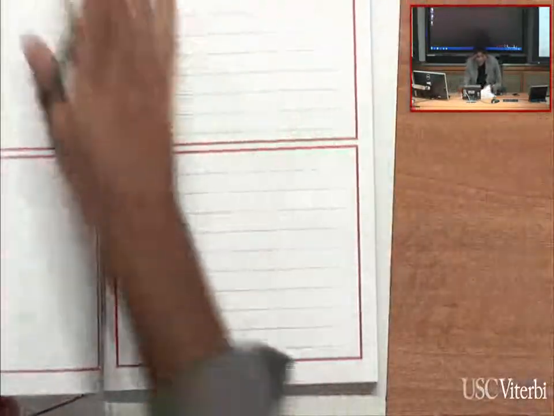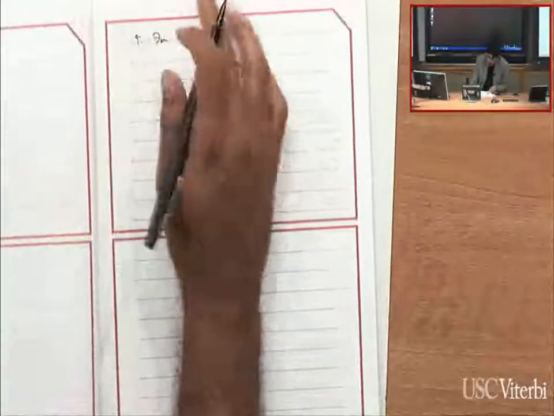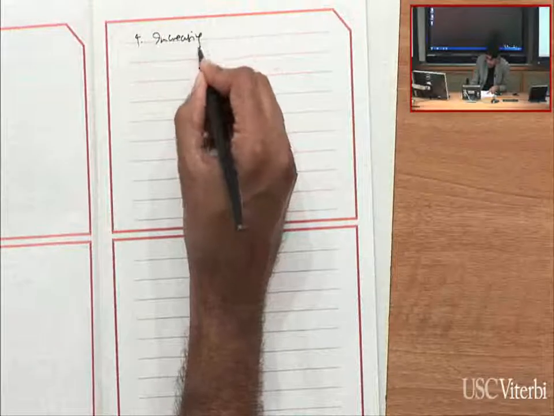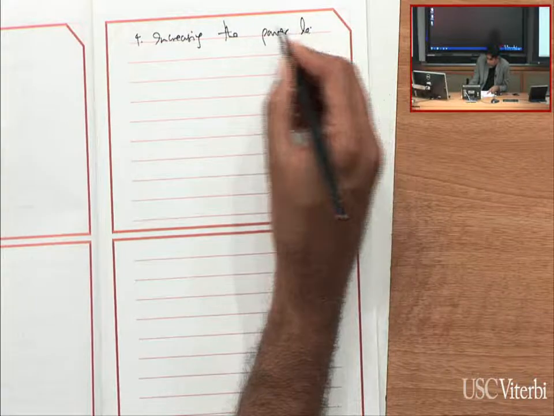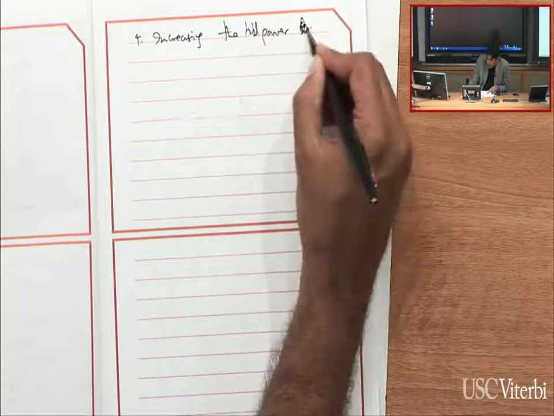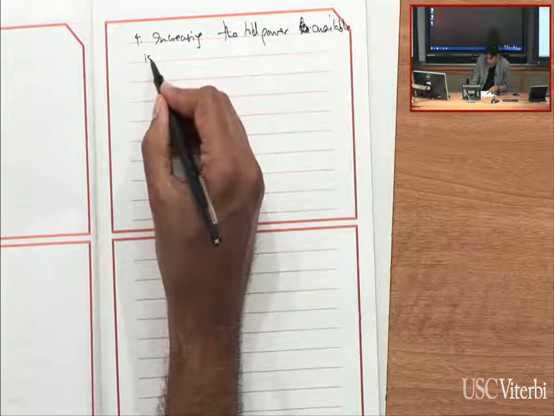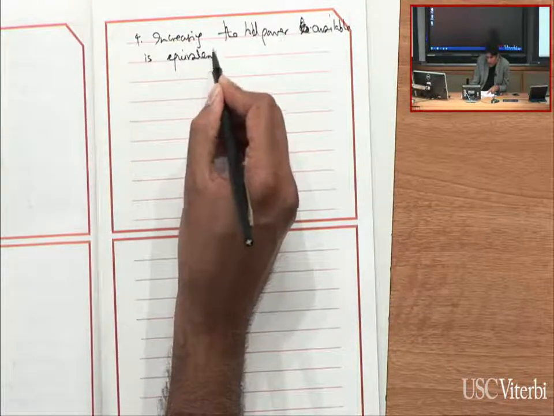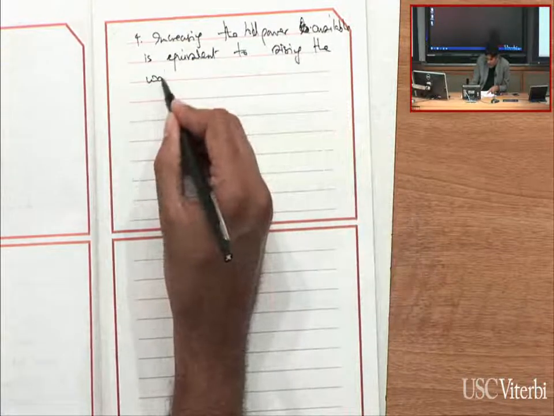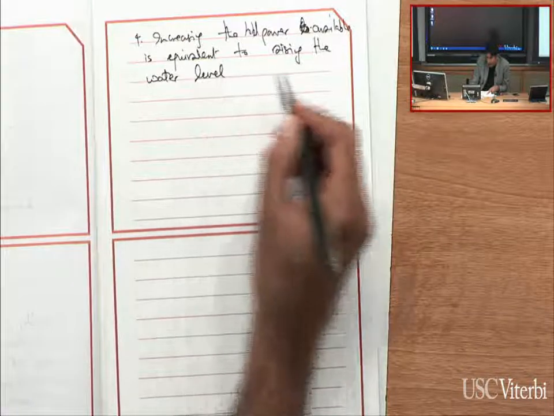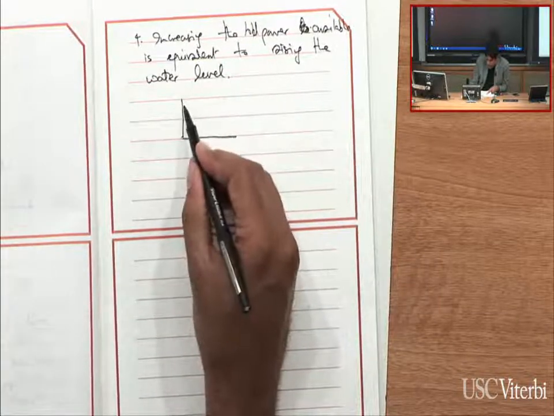So increasing the total power available is equivalent to raising the water level. Okay. So what can happen? Let's just look at that picture again.